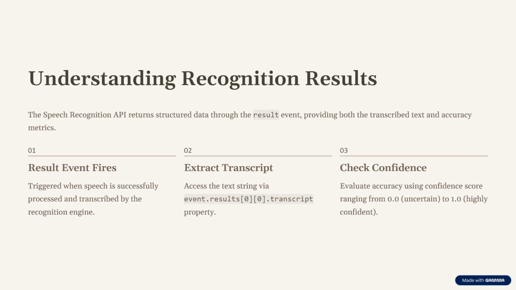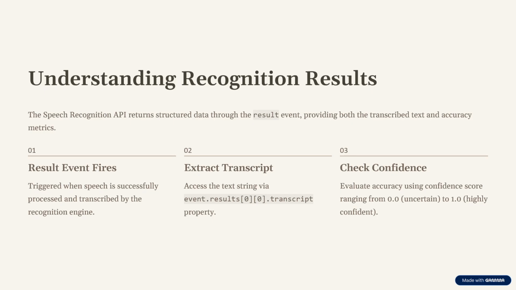Understanding recognition results. The speech recognition API returns structured data through the result event, providing both transcript text and accuracy metrics. There are three types defined here. Result event fire is triggered when speech is successfully processed and transcribed by the recognition engine. Extract transcript: access the text string via the event.result property.